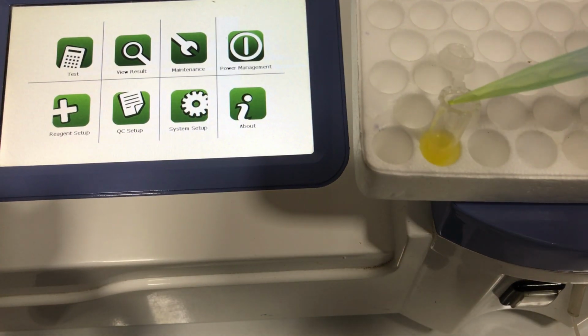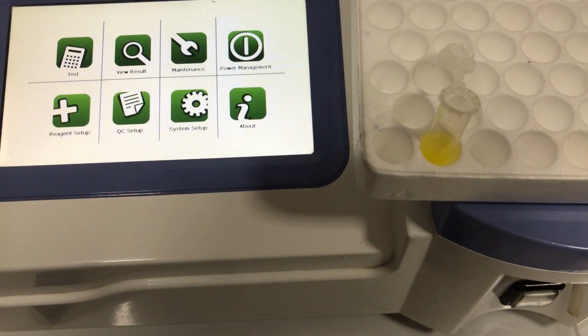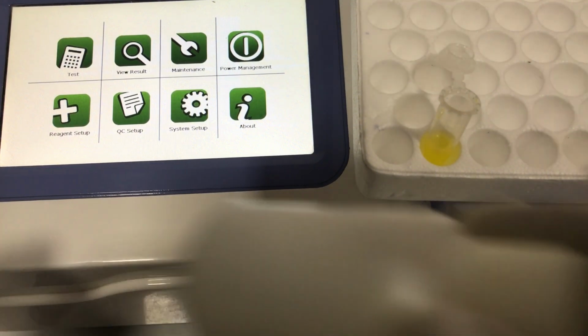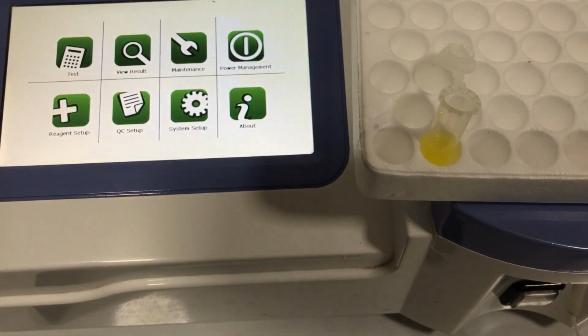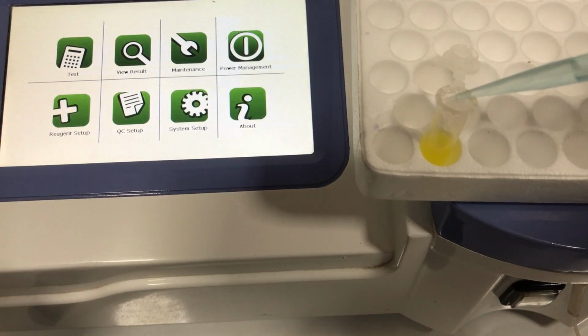Then discard. Then I add another 500 microliters of my alkaline buffer to it.